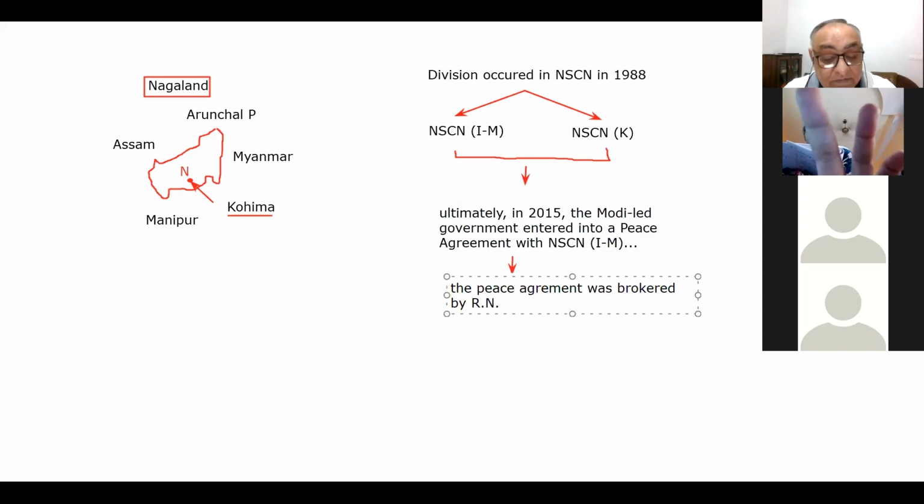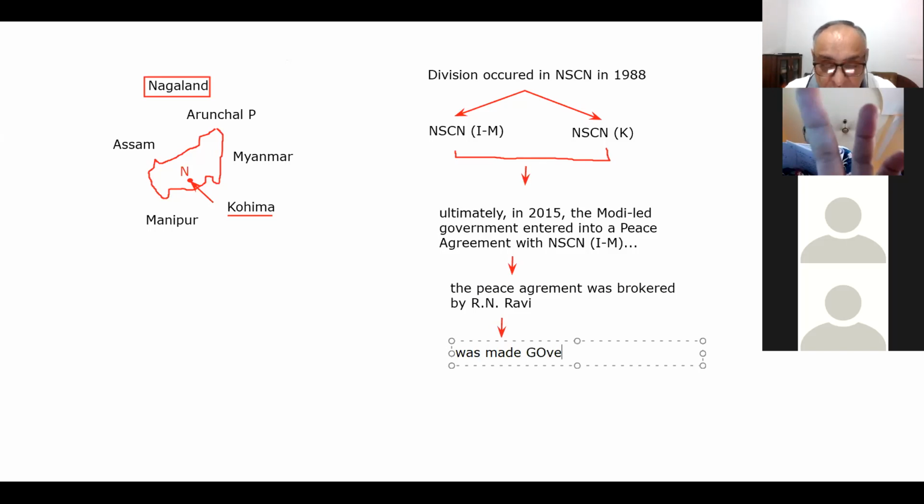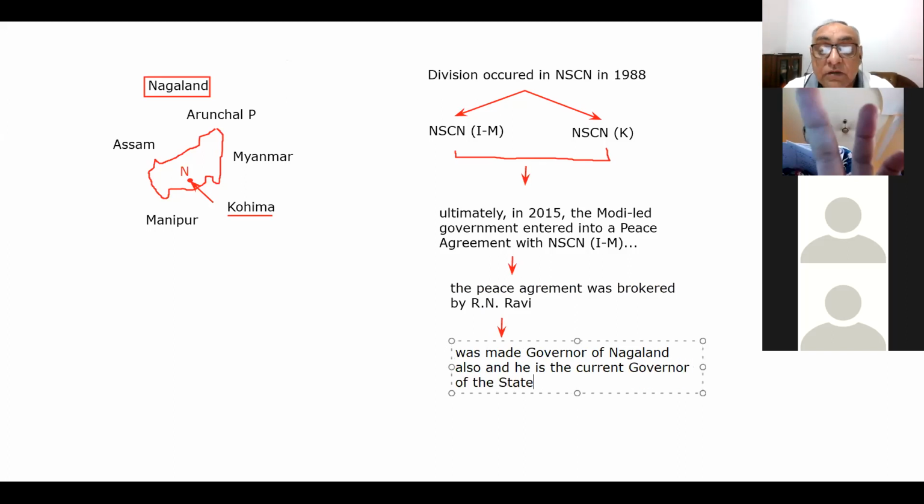R.N. Ravi, in reward of brokering this peace agreement between the Naga leaders, was made governor of Nagaland also. उसको फिर नागालैंड का गवर्नर बनाया था, and he is the current governor of the state. वो आज state का governor है वहाँ का, right?